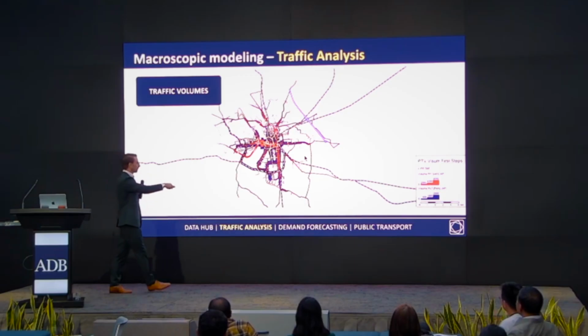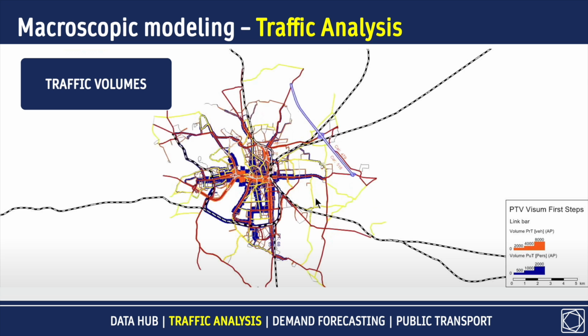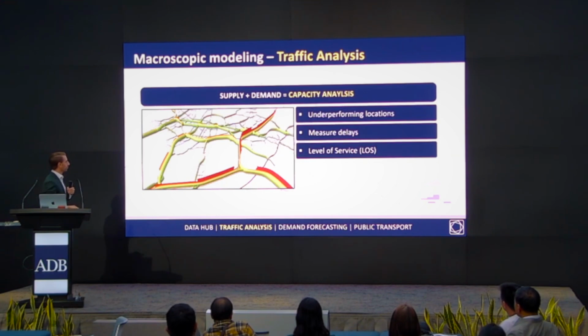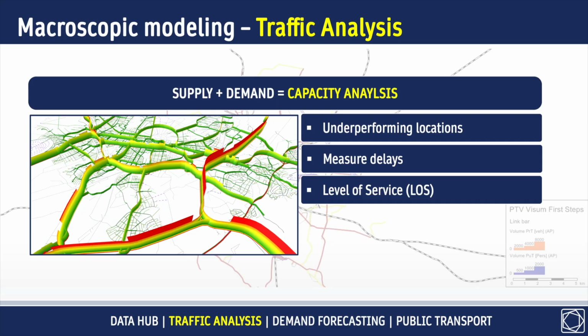In this case here, we have public transport in blue, private transport in orange, and we can see the volume. And you could also visualize it in a way where you can see where you're likely to have congestion. And that can help you identify underperforming locations, measure delays, and determine just the general level of service of your transport system.